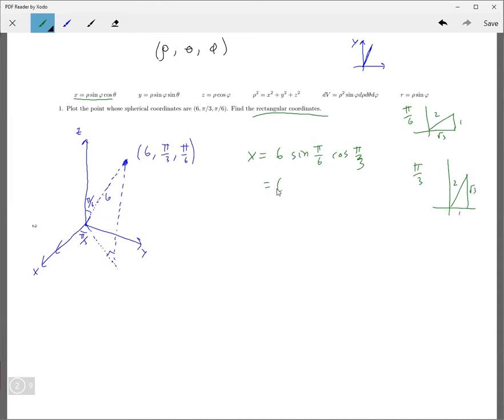Okay, so sine of pi over 6 would be 1/2. Cosine of pi over 3 would also be 1/2. Oh, interesting. So that would be 3 over 2 for the x. And then y is going to be 6 times sine phi, sine theta.